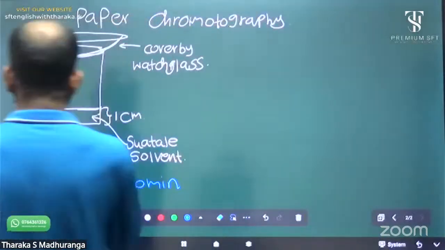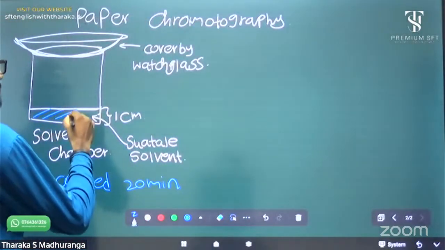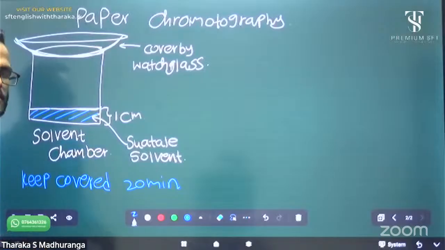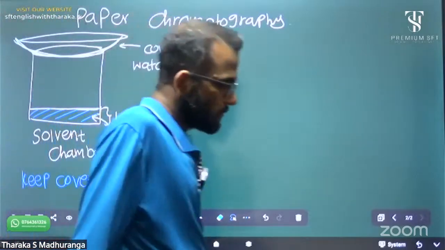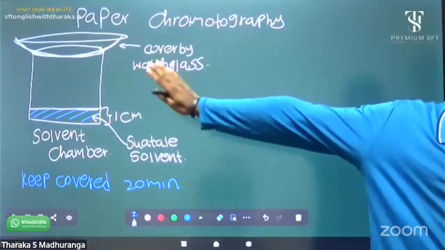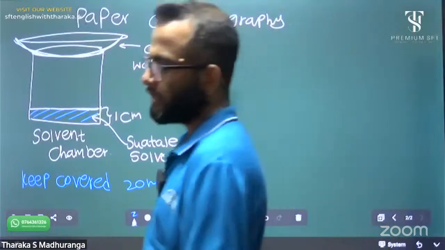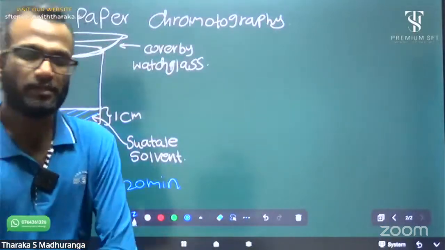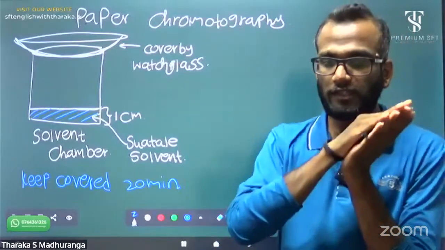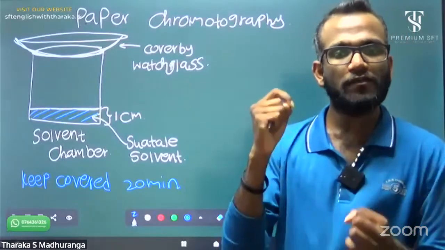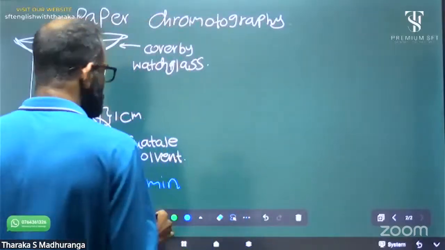Okay, this is the solvent. Now the solvent chamber is ready for the chromatography technique. Now, in the laboratory, there is a specific paper type that we call Whatman number 1.